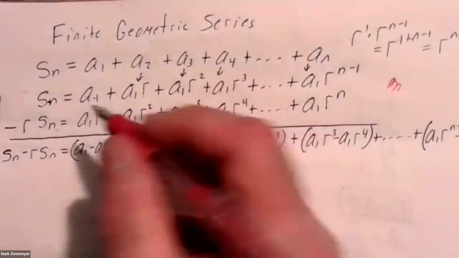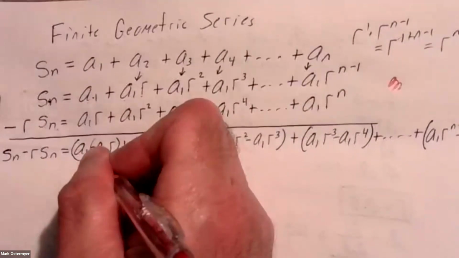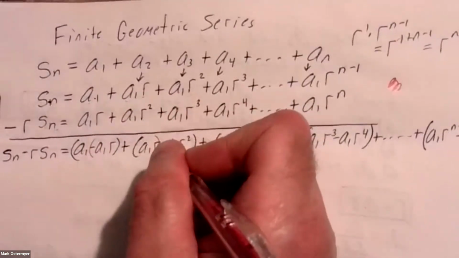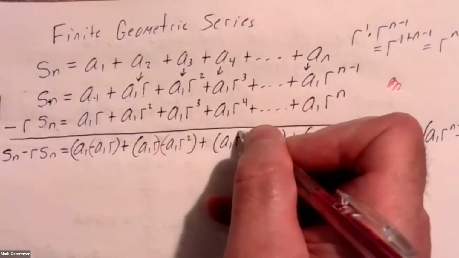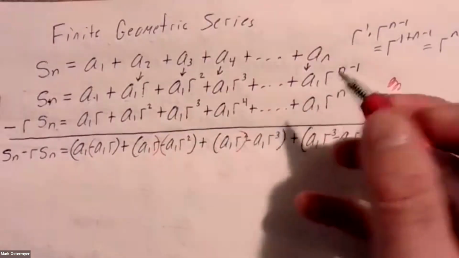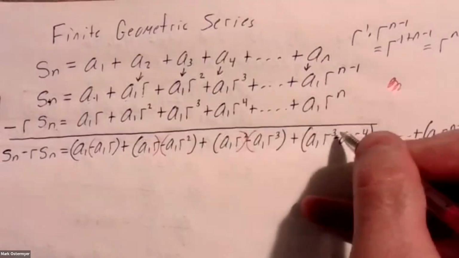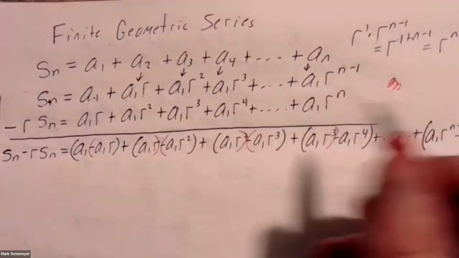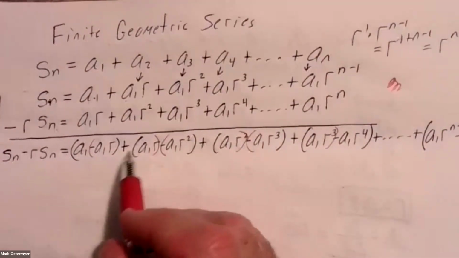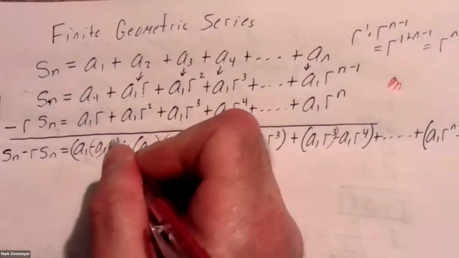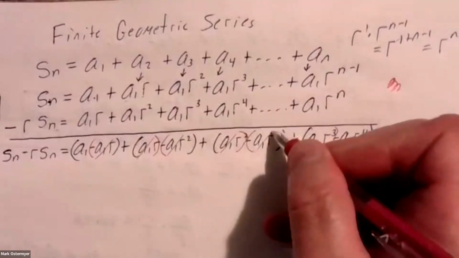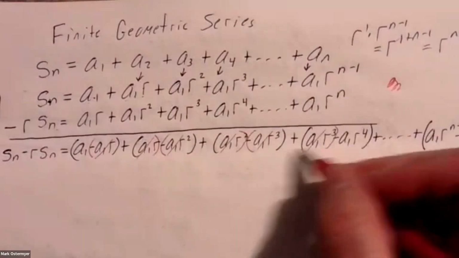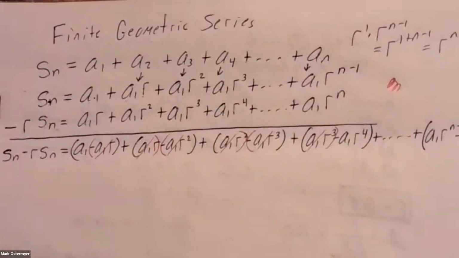Watch what happens when I shift my parentheses. If I shift the parentheses to include these terms, and I shift my parentheses to include these terms, and I shift my parentheses to include these terms right here. So notice what happens when I shift my parentheses, this cancels out. This drops out with this. This drops out with this. This drops out with this, et cetera, all the way on down the line. These drop out with each other.